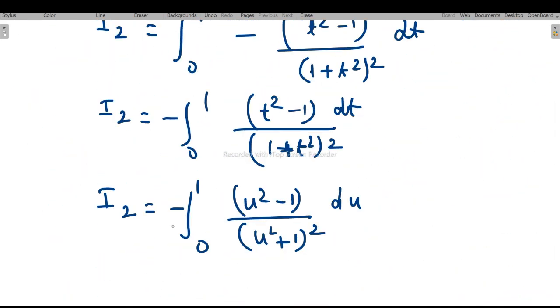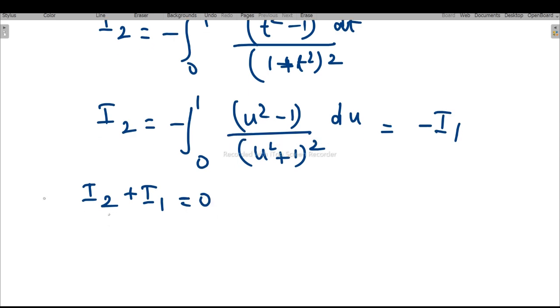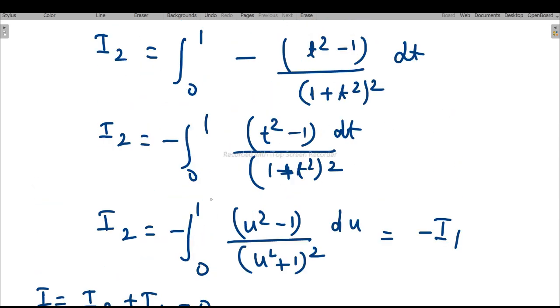So this is minus I1. So I2 plus I1 equals 0, and I2 plus I1 is I. So the value of our integration is 0.